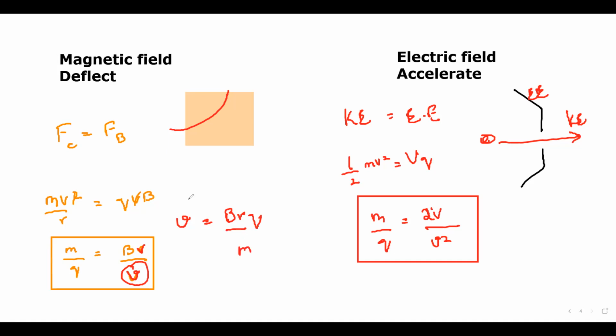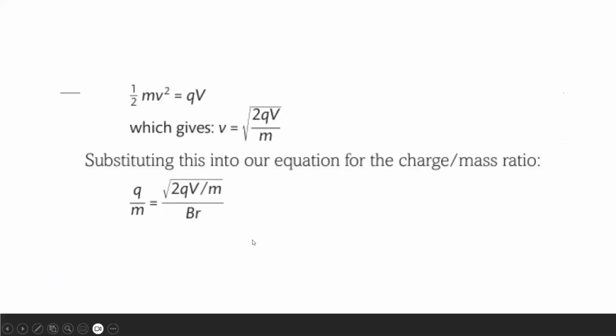If I need this v, from this formula I work out v and then substitute it here. When I substitute, we have the charge to mass ratio, in the final substitution, equal to the square root of 2QV over m, divided by BR. This is the final one. Why is this formula more useful?